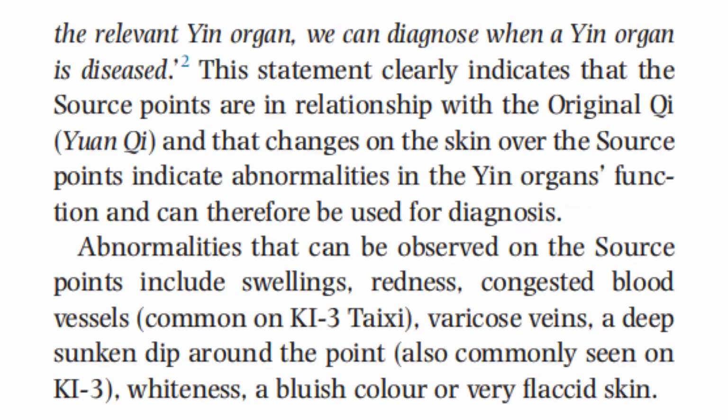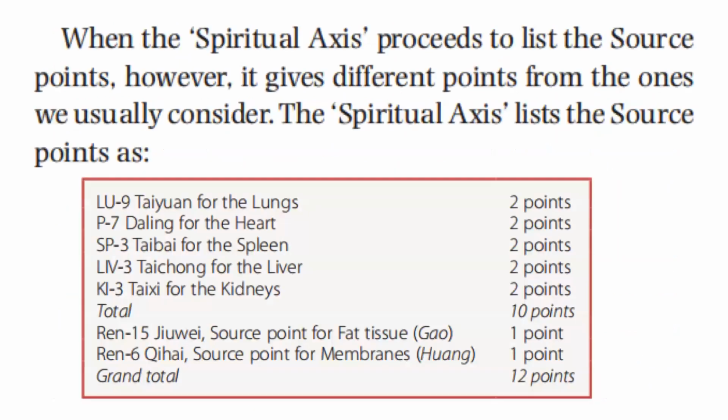Abnormalities that can be observed on the source points are swellings, redness, congested blood vessels, commonly on Kidney 3, varicose veins, a deep sunken dip around the point, commonly seen on Kidney 3, whiteness, a bluish color, or very flaccid skin.